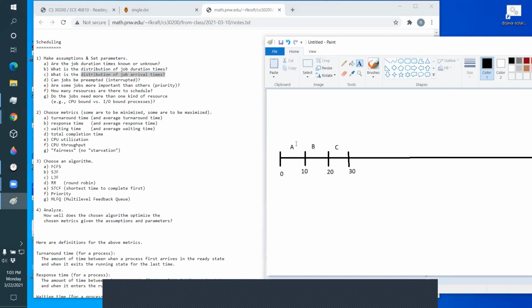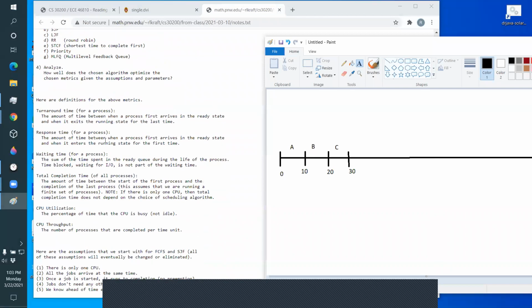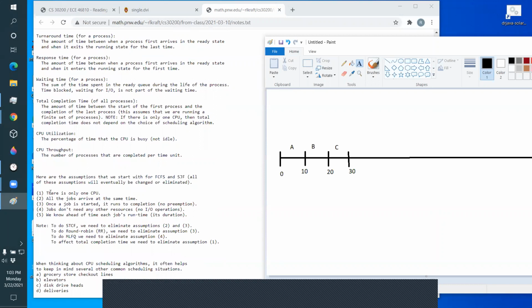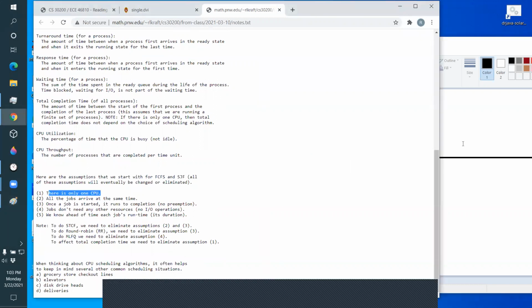So we're assuming that somebody gave us A, B, and C to run. We only have one CPU, so A is put on the CPU, and there's no preemption. The assumptions are listed here. This is the textbook's starting point.